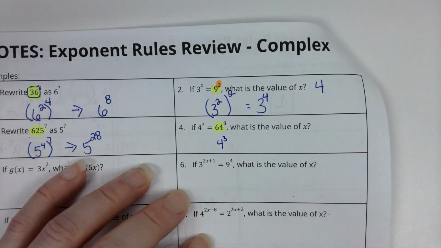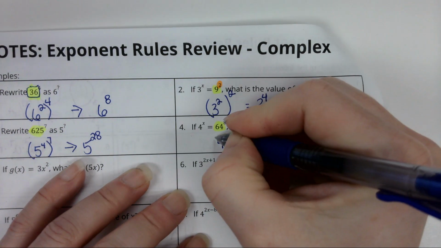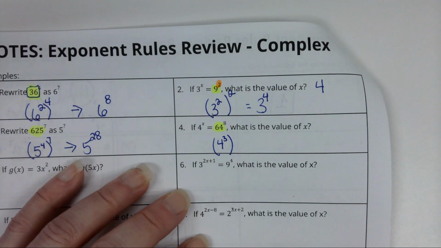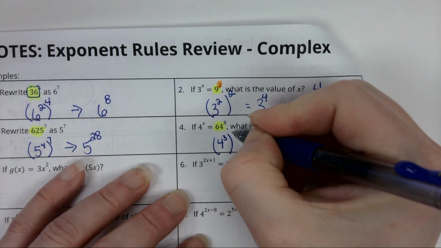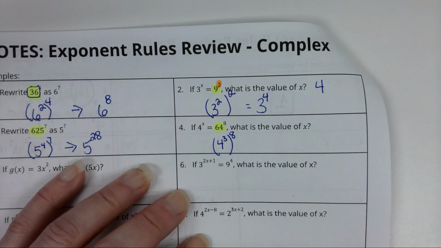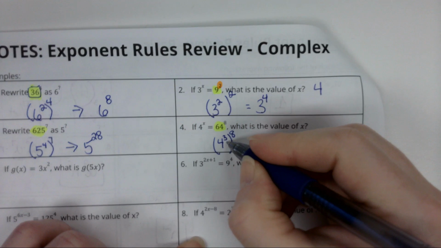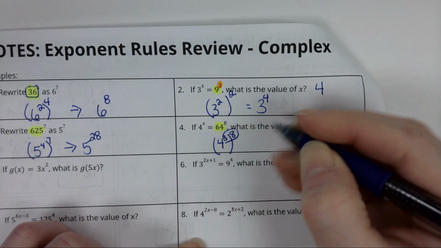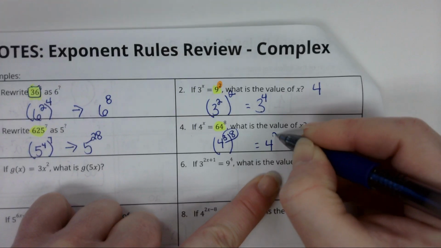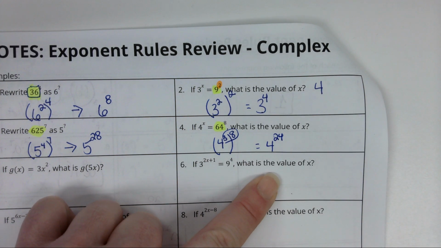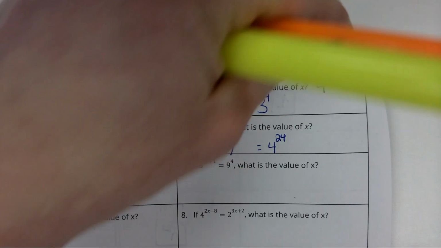I rewrite it as 4 cubed, and what do I now need to have on the outside? To the 8th. That's the same as 4 to the, what do we do with those? 24. So what's the value of x? 24.